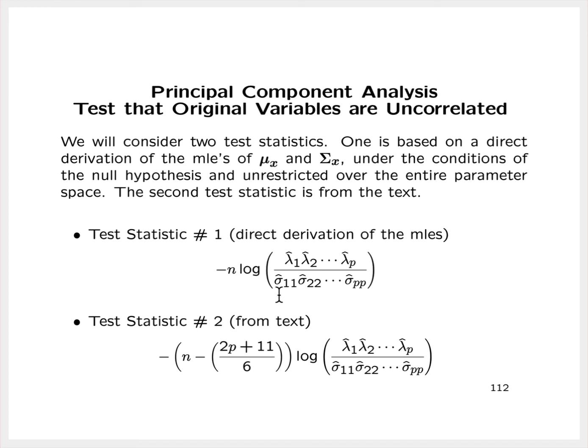We also need the estimates of the covariance matrix computed under the assumptions of the null hypothesis. Well, we can get all of these values from the output provided by the principal component analysis.